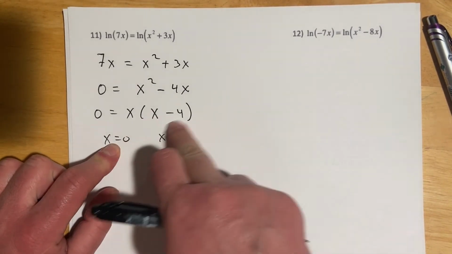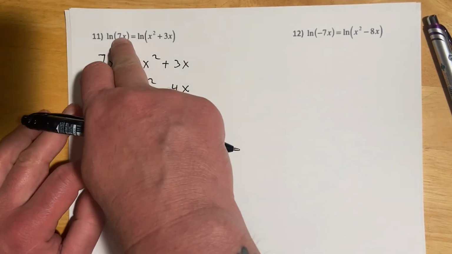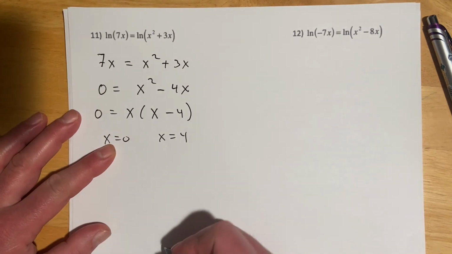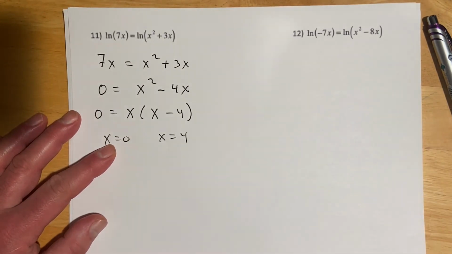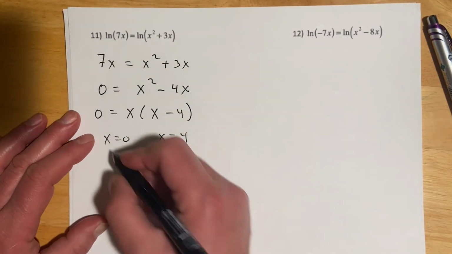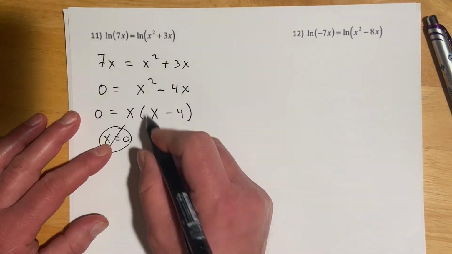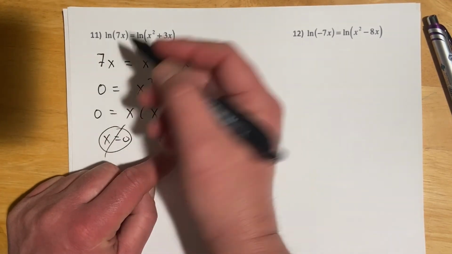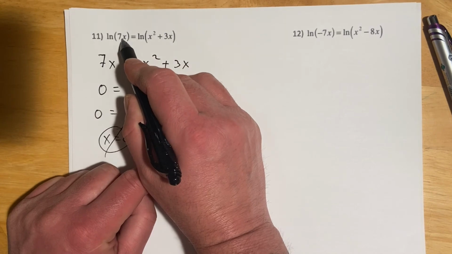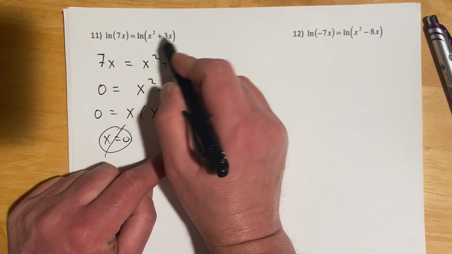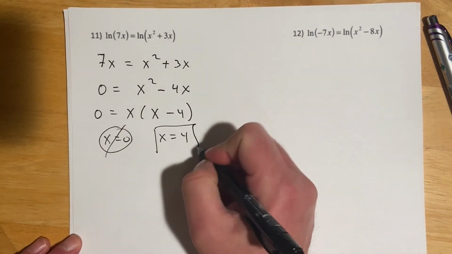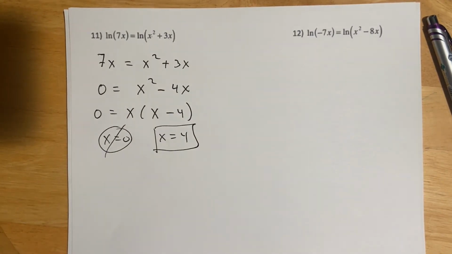So even though x equals 0 is a solution to this, if I put it in here, ln 0, that is not part of the domain, because what we just saw on the last page, the domain for logs is going to be 0 to infinity, not including 0 because that's the asymptote. So that one is extraneous, but the 4 looks good. And not just because it's a positive number, but because when I put it in, this becomes 28, and so does this side, and it's 28 and 28, they're both positives. So that one is our legit solution.